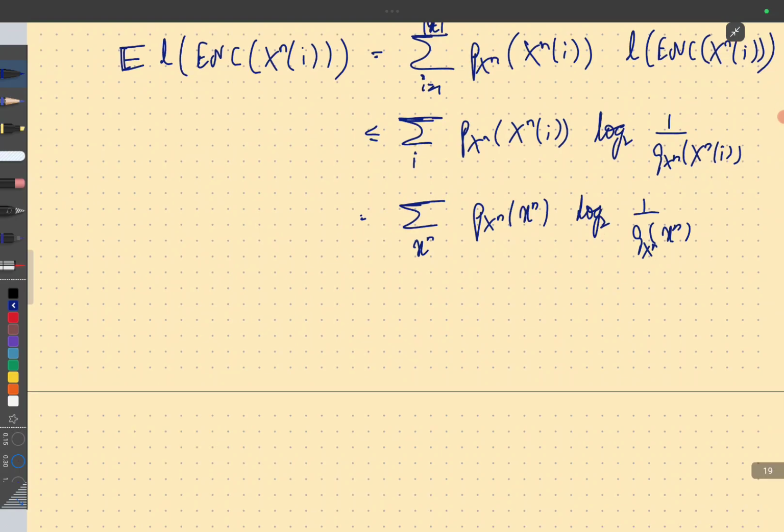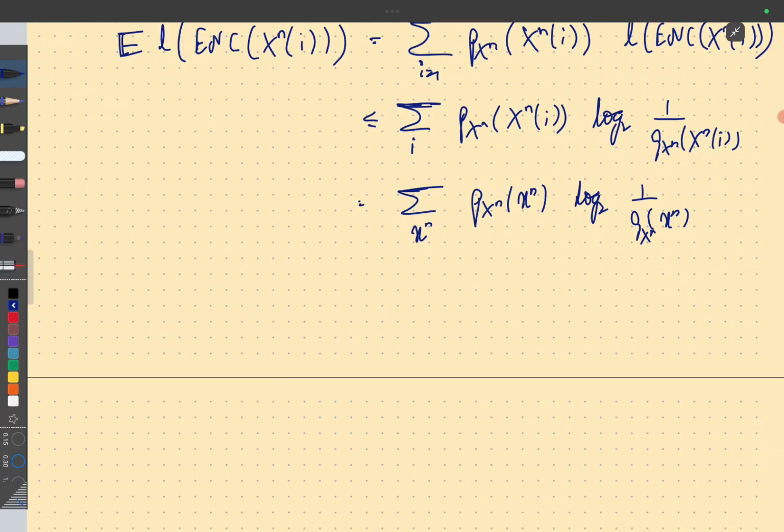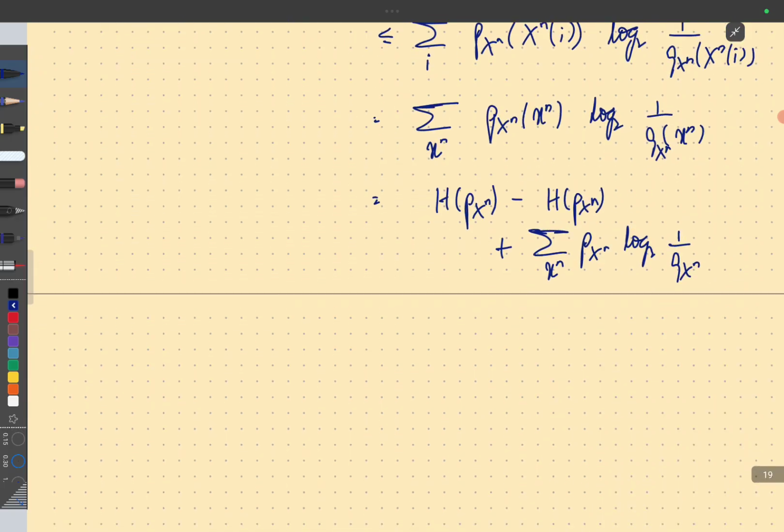Now, what I can do is add and subtract the entropy. Let me add and subtract H(P), the entropy corresponding to P, plus the sum over all x^n of P(x^n) log 1 over Q(x^n).